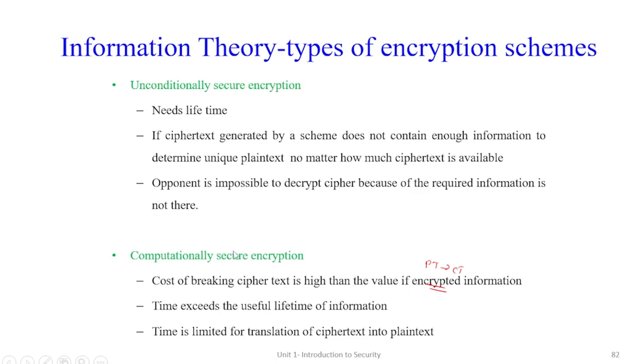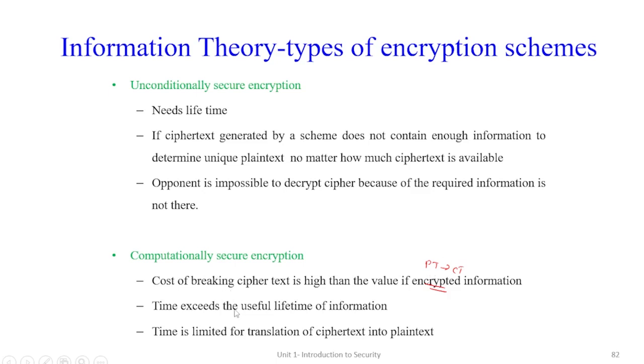The second technique is computationally secure, which means some calculations are done, based on cost and time. The cost of breaking the ciphertext is always higher than the cost of converting plaintext to ciphertext.